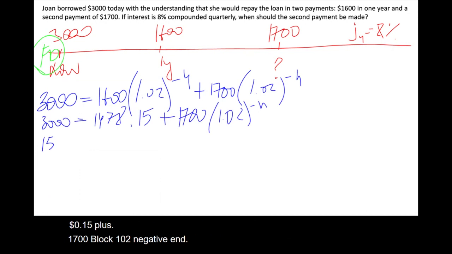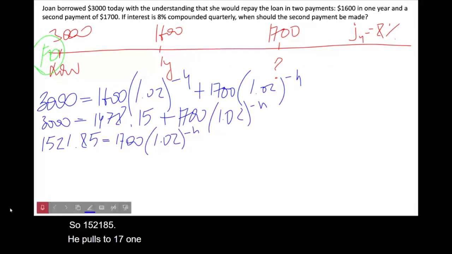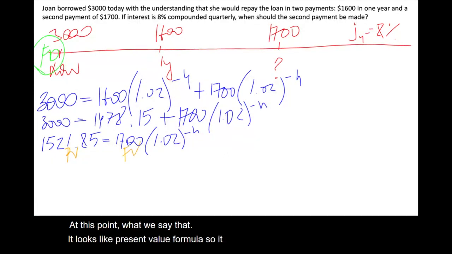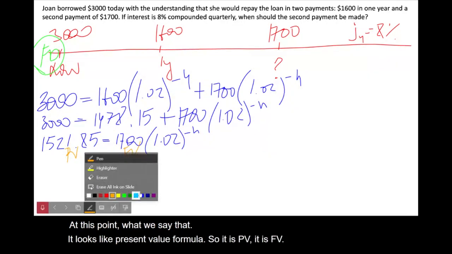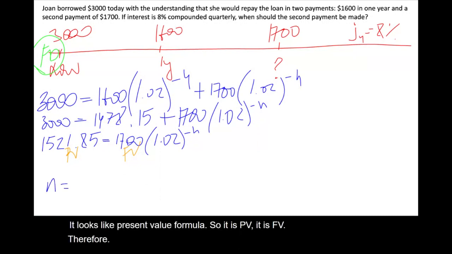So 1521.85 equals 1700, 1.02 negative n. At this point, we say that it looks like the present value formula, so it is PV, it is FV. Therefore, we use the formula for n.